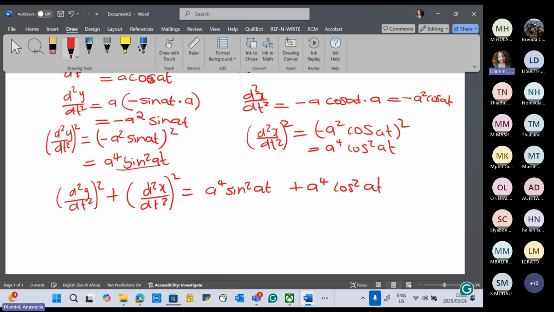From here, what can we do? We have to take out the common factor. I hope there's no one who says they can't take out the common factor, because we did taking out. What is the same? You take it out, you put it here, you close the door.